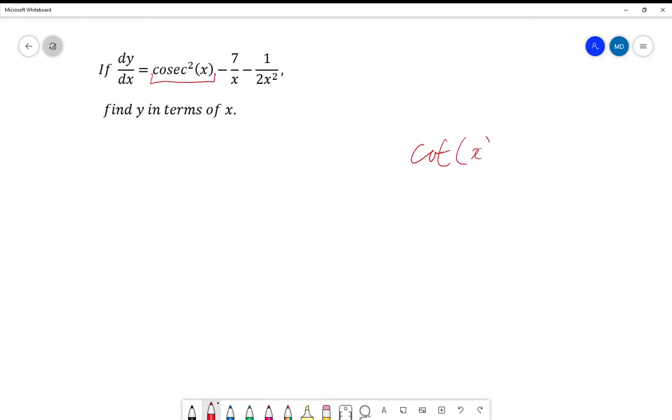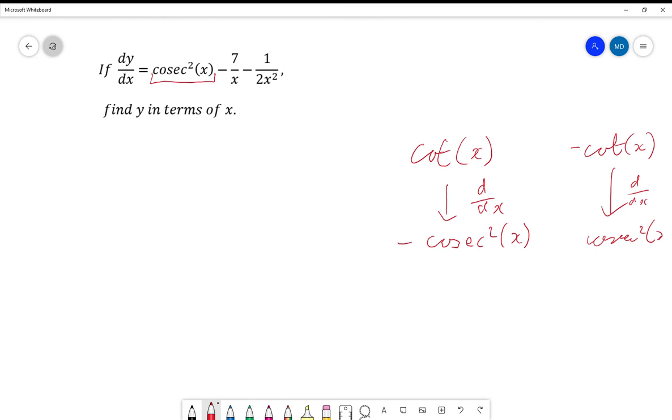Cot of x differentiates to minus cosec squared of x. So what we want is minus cot of x, which will differentiate to positive cosec squared of x. And therefore the antiderivative of the cosec squared is going to be, we're going to start off with y equals minus cot of x.